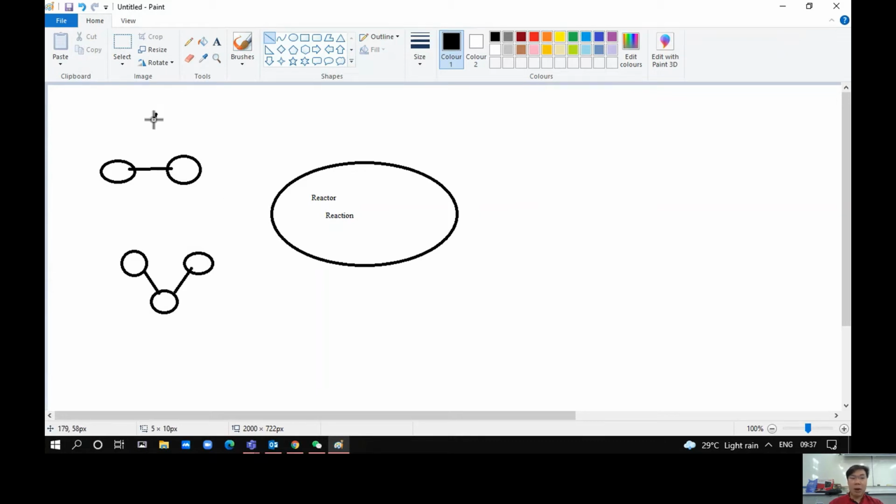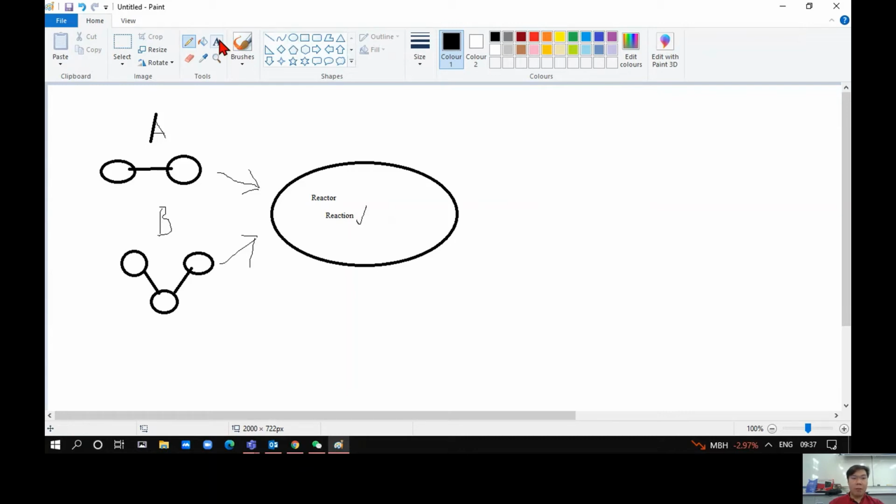So suppose now you have this chemical A and chemical B. So you put both of these into the reactor. So a few questions: you will have reaction occurring inside this system here, right?